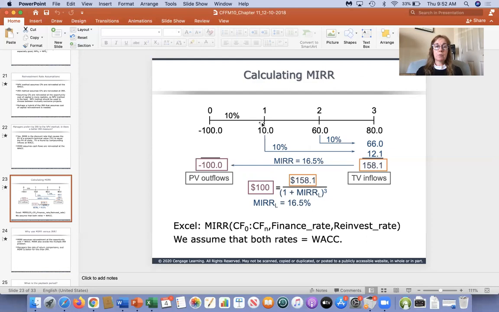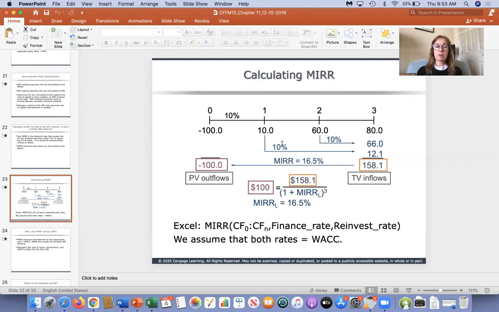So in the first year, we received a $10 cash flow, and we were able to invest that at 10% for 2 years. Remember your future value formula is the present value times 1 plus the interest rate to the nth power. So we're going to take $10 times 1.1 squared.